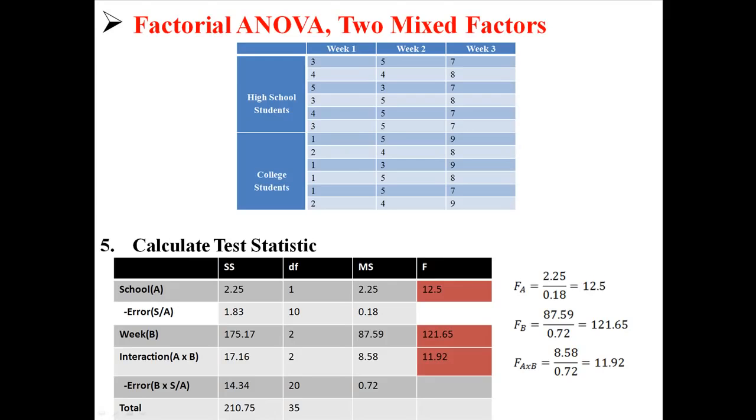So we end up with something like this. For school, we divide 2.25 by its error term, which is 0.18. For week, we take 87.59 and divide by 0.72. And for the interaction, we take 8.58 and divide by 0.72 again. So we get F's of 12.5, 121.65, and 11.92.